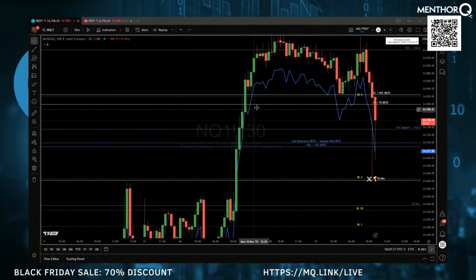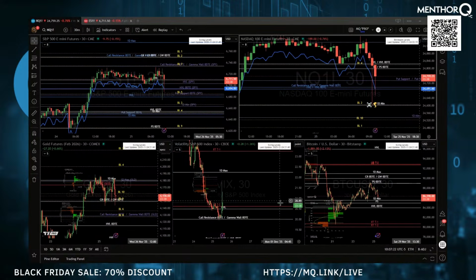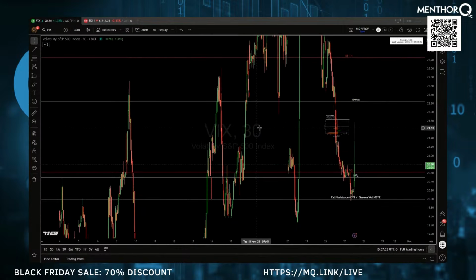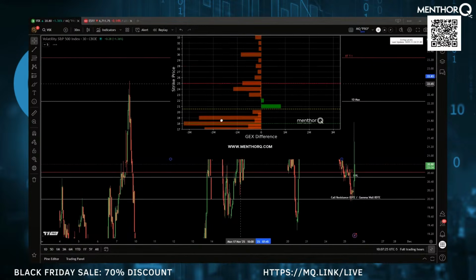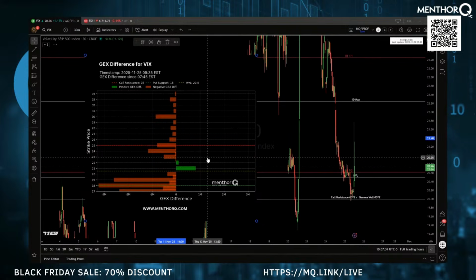So let's take a look together at what has happened. Also an interesting view, how gamma perspective changed on VIX. So right now 21 is supporting, going to 23, max 25.